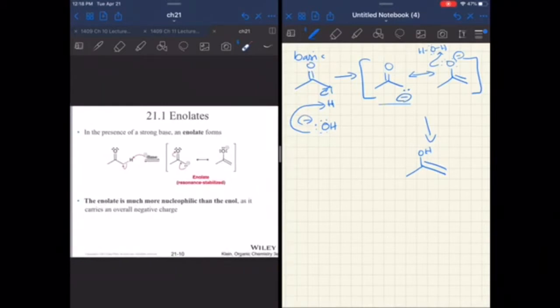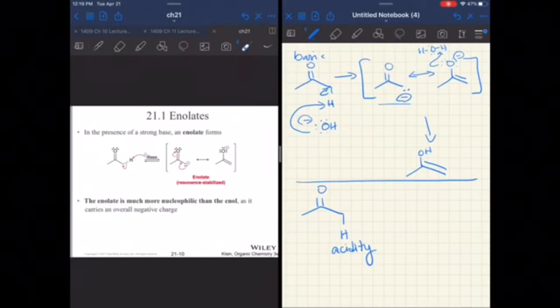Okay, so we know that we're going to be looking at this alpha position. And one of the properties that makes this alpha position so interesting is the acidity of the hydrogens on an alpha carbon. We know that an sp3 CH is not considered acidic, and that is still true.